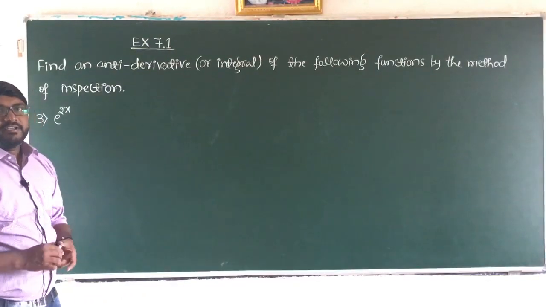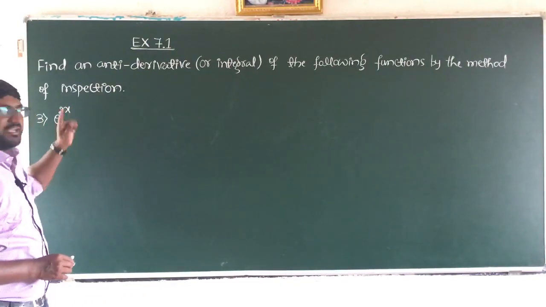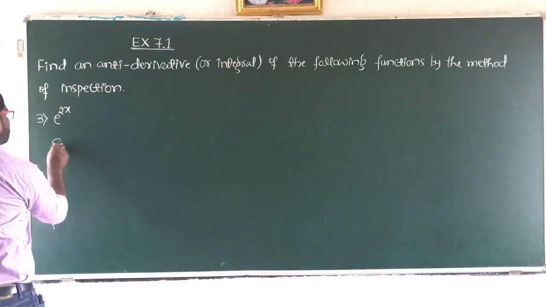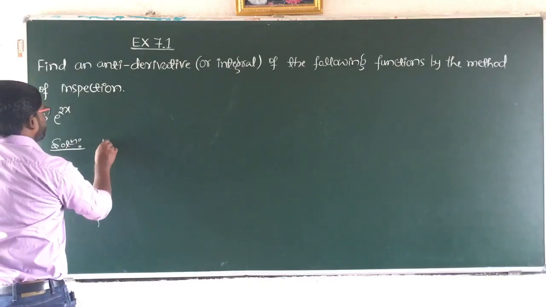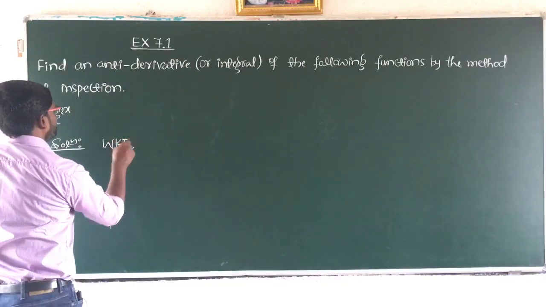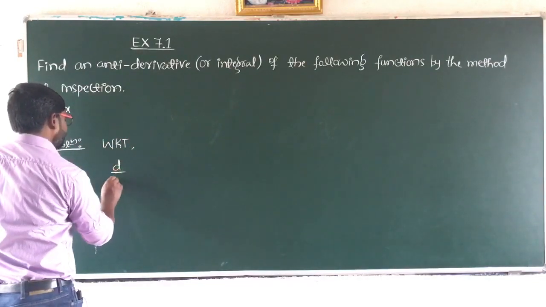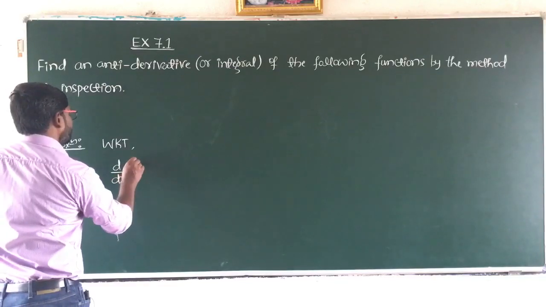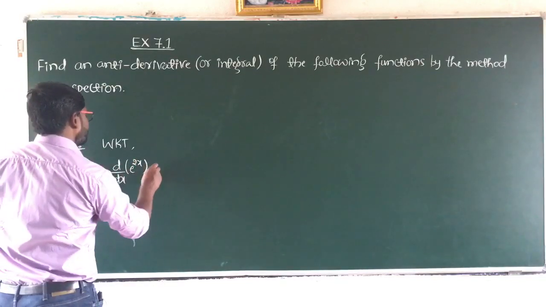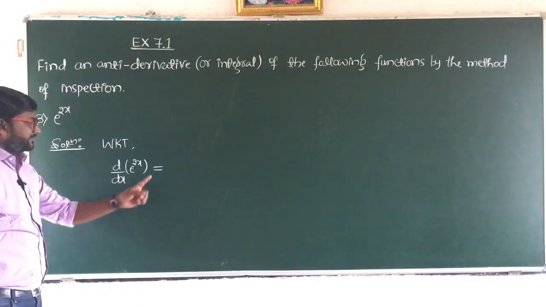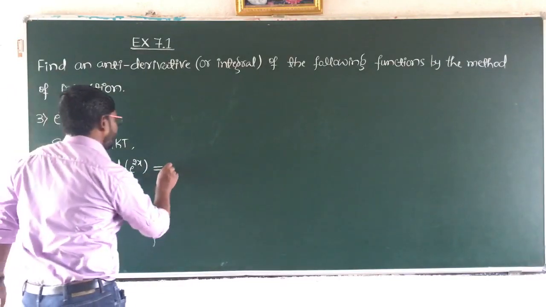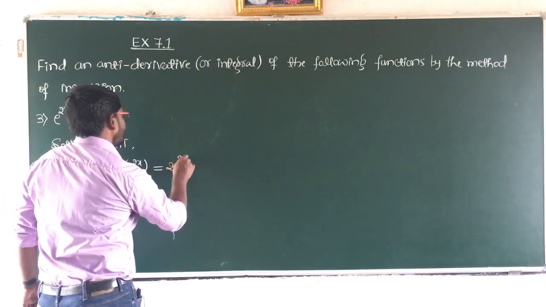The third question is e to the power 2x. So we will solve this. We know that d by dx of e power 2x is equal to, what is the derivative of e raised to 2x? It is 2 times e raised to 2x.